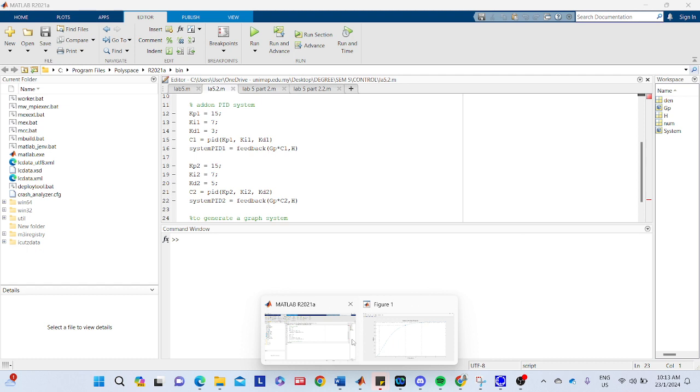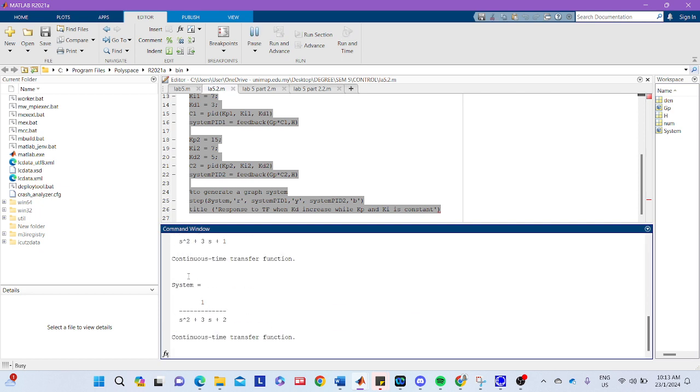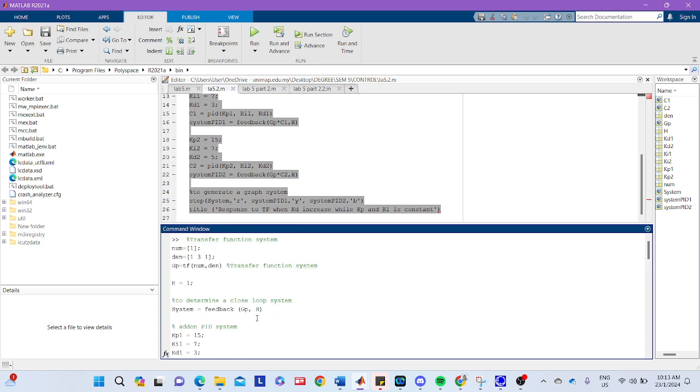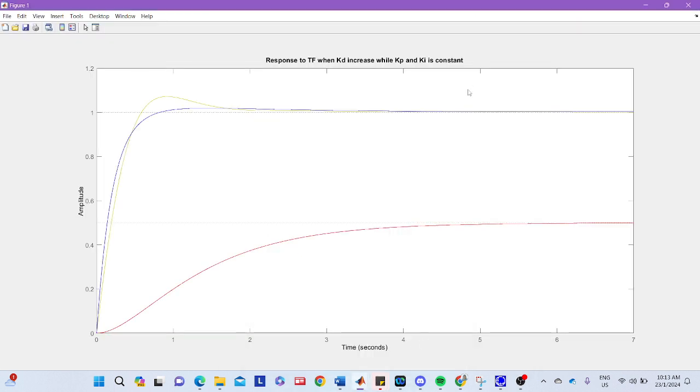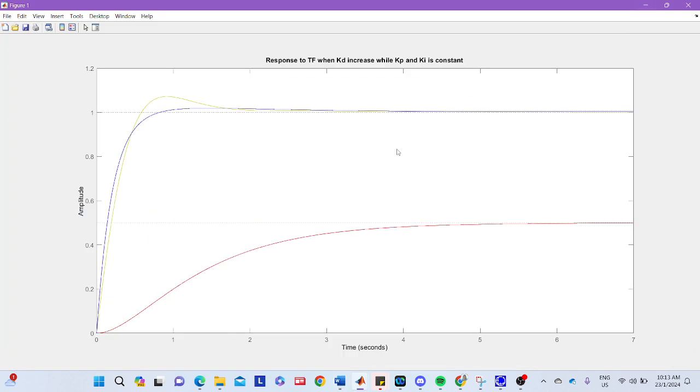So we do the example for the third condition of the procedure. Here is the graph response of the transfer function when Kd is increased while Kp and Ki are constant. Basically, this is the normal transfer function.